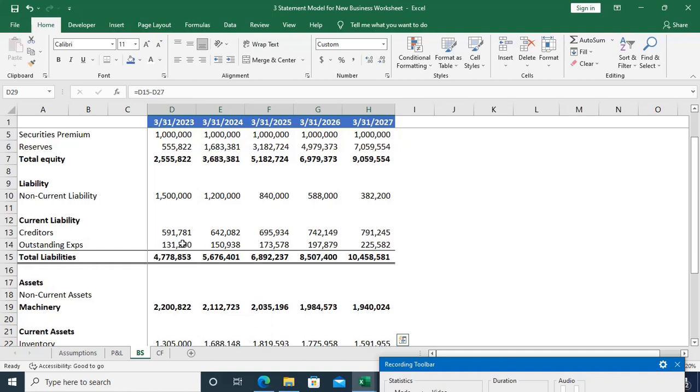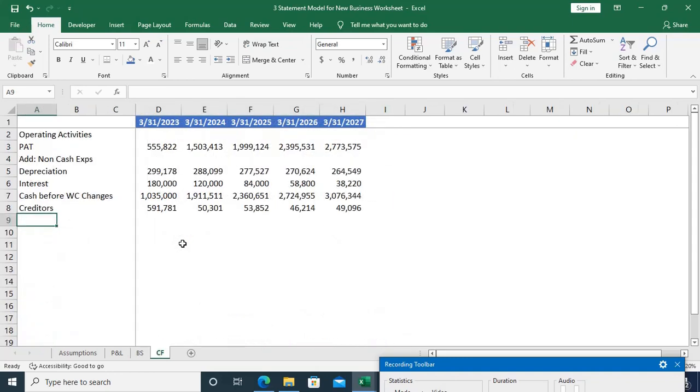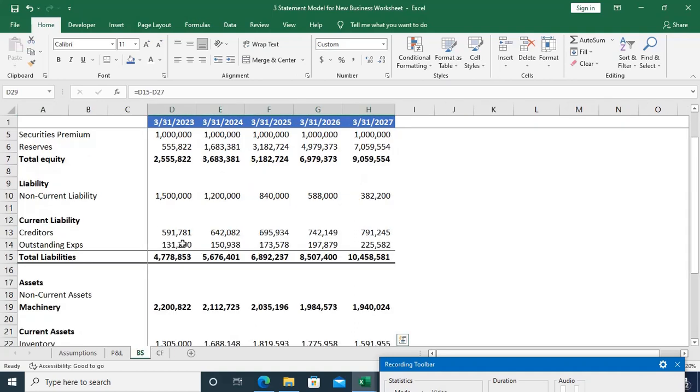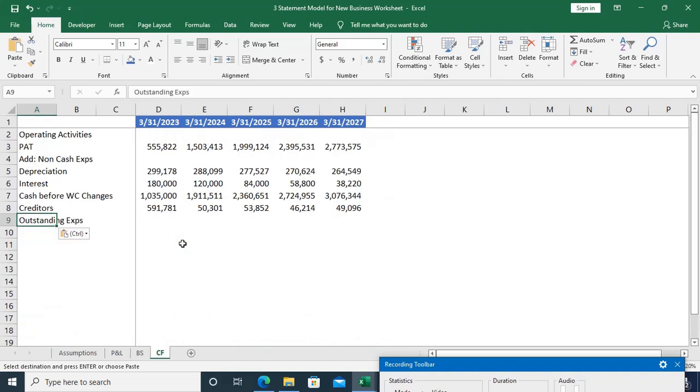Same, it is a current liability. So same thing we can do just like that. It was outstanding expenses, so we can use the same formula here also.